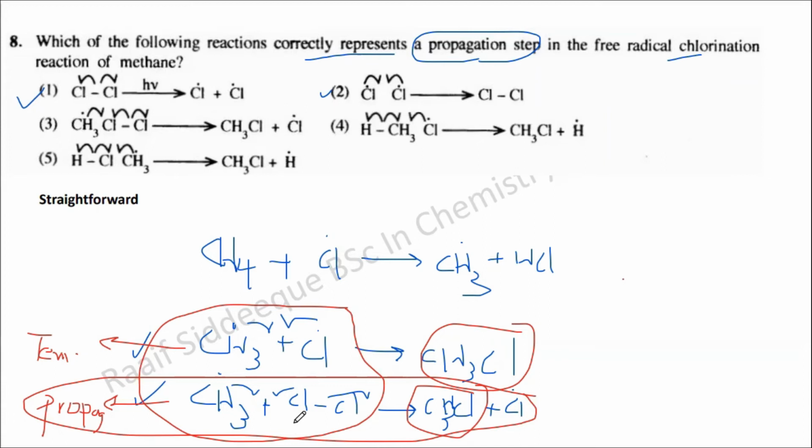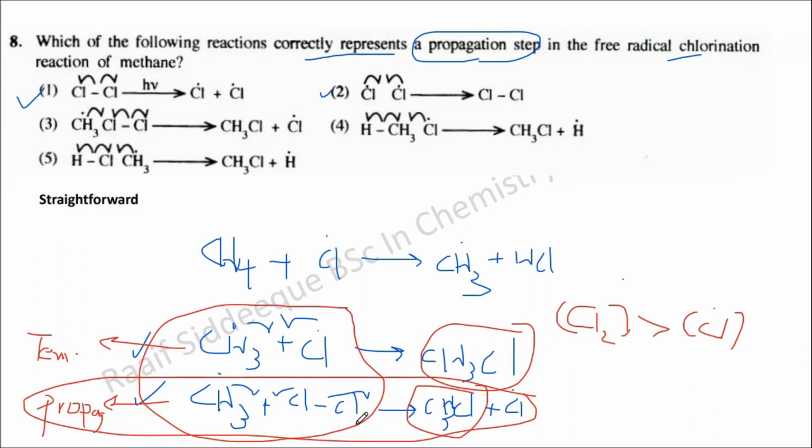Why? Because in the mixture you have higher Cl2 concentration than Cl radical concentration. Don't forget that, because Cl radicals are formed after Cl2 molecules are homolytically cleaved. So why does this propagation step become prominent?